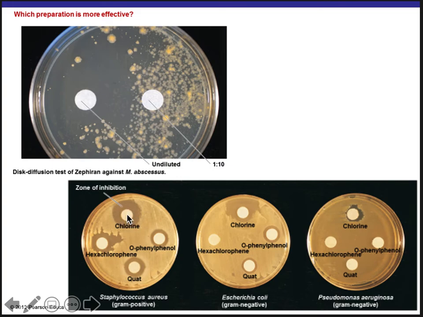Okay, so we would measure in millimeters the diameter of this zone of inhibition, and then we would compare that to a chart or some manufacturer provided information, and it would tell you, based on the concentration that you put on the disc, if that zone of inhibition is considered large enough to be a good disinfectant or not.